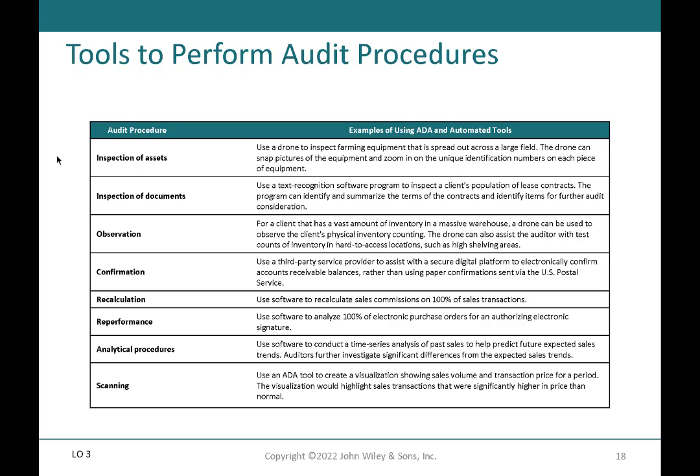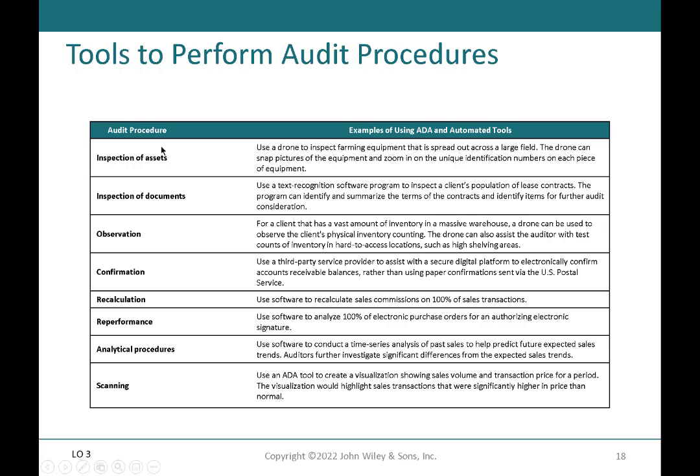Now, we could also use technology to do the same form of inspection of assets. So in the past few years, drones have become increasingly more popular with auditors. You might not think of drones and auditing kind of going together, but auditors will use drones in a situation like that where they'll fly the drones over the field, use the camera on the drones to verify that these assets actually exist.